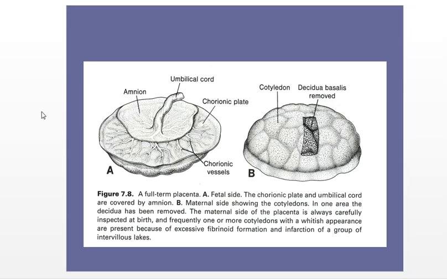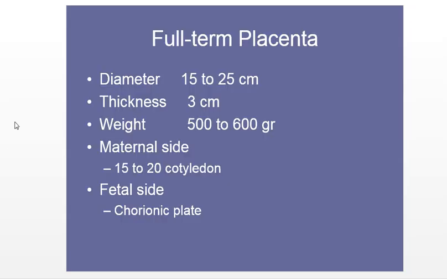In the full-term placenta, the placenta is discoid with a diameter of about 15 to 25 centimeters, approximately 3 centimeters thick, and weighs about 500 to 600 grams. At birth it is torn from the uterine wall, and approximately 30 minutes after birth of the child it is expelled from the uterine cavity as the afterbirth.